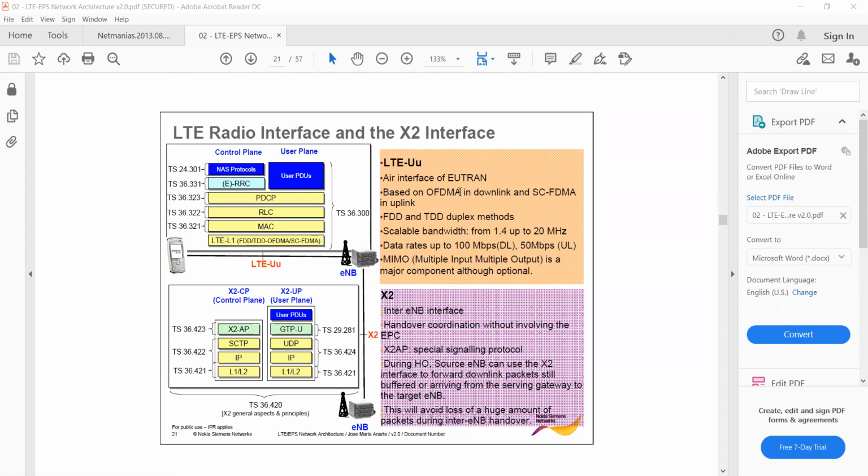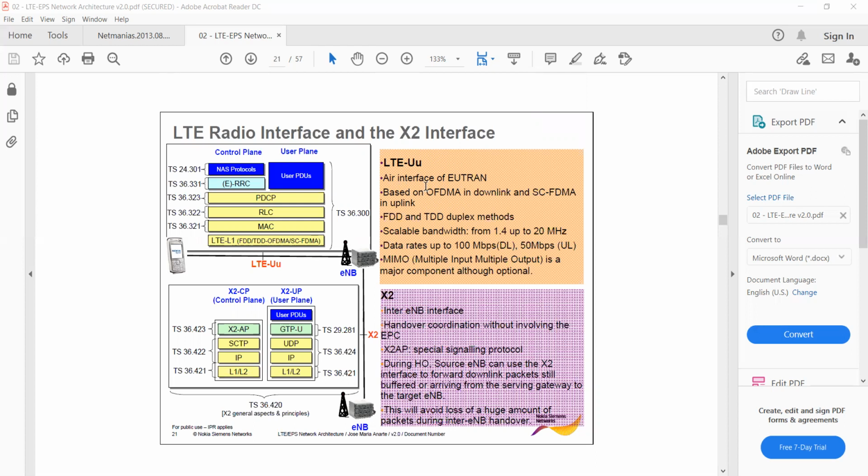You can mention just one point: the LTE-Uu interface is nothing but the LTE air interface of E-UTRAN. Whatever processing is happening, uplink throughput, downlink throughput, it will come through the air interface only. But we defined the LTE-Uu interface as the air interface to the E-UTRAN.